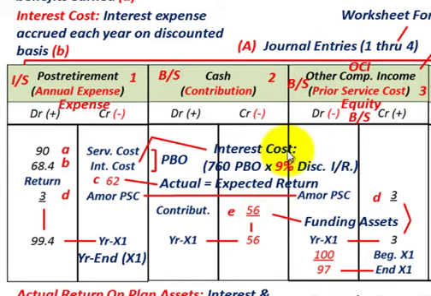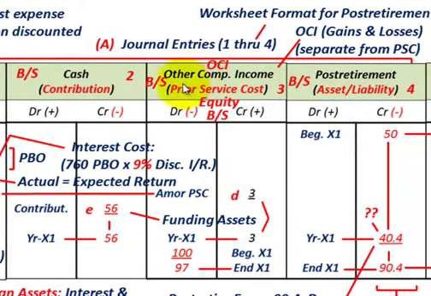Now let's move over to this other account here. When we're dealing with post-retirement benefits, and the same for pension benefits, we have to be using an account called Other Comprehensive Income, and I'm showing it here for the prior service cost. Now that's an equity account on the balance sheet, but in our example, we're only going to be looking at our prior service costs for Other Comprehensive Income.